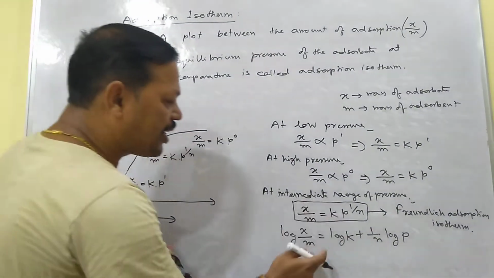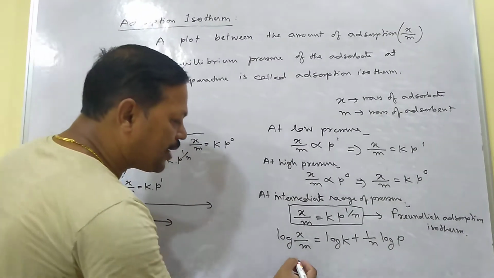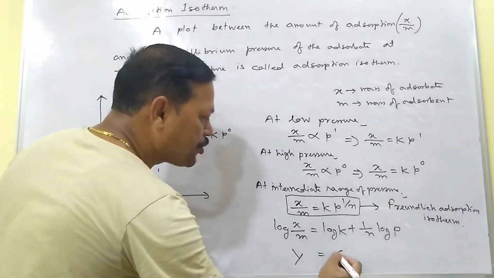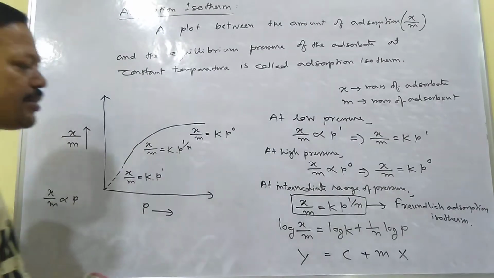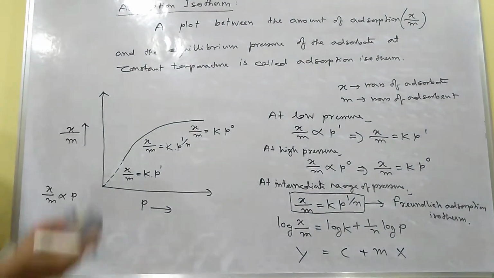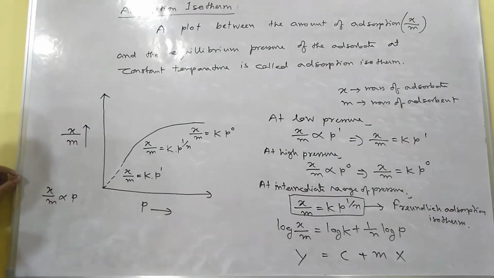Now after taking log, the equation goes like this. This is y, this is suppose c, 1 by n suppose m, and this becomes x. I mean it is like the straight line equation, y equals mx plus c.